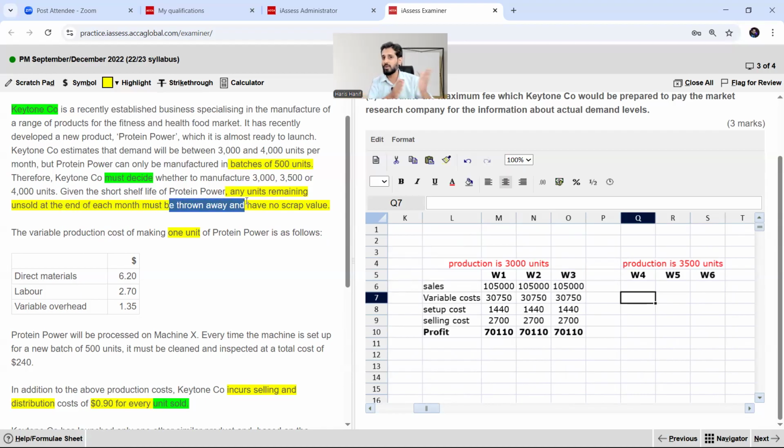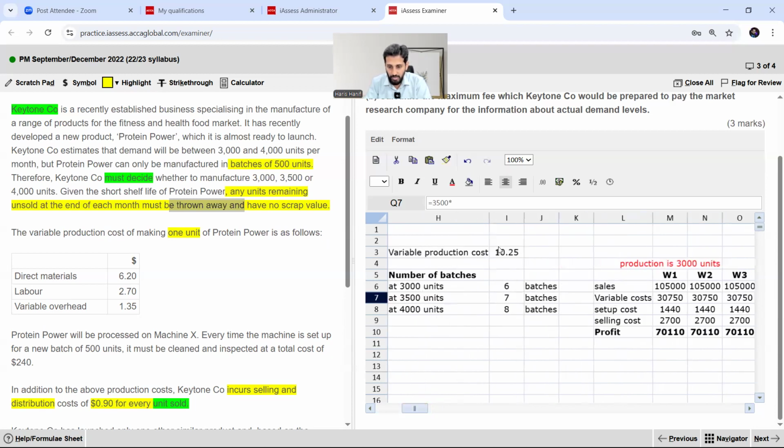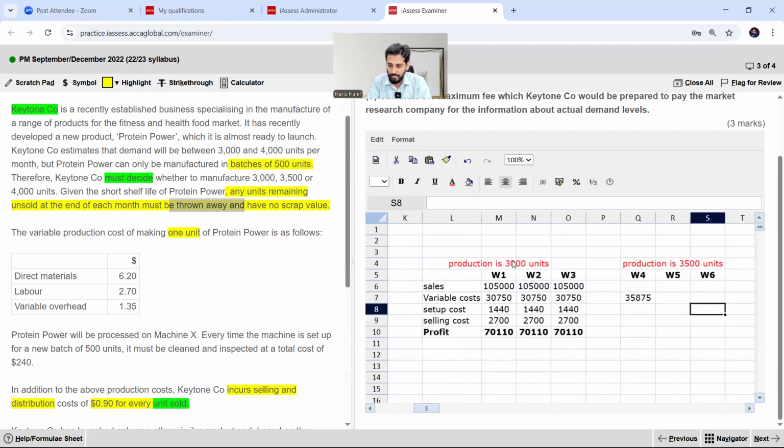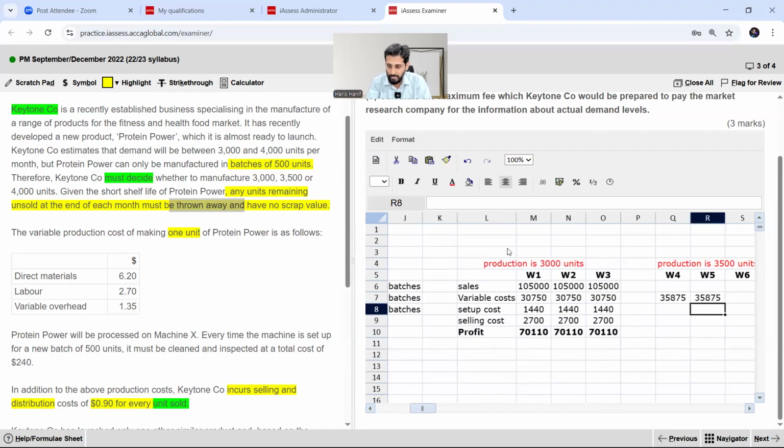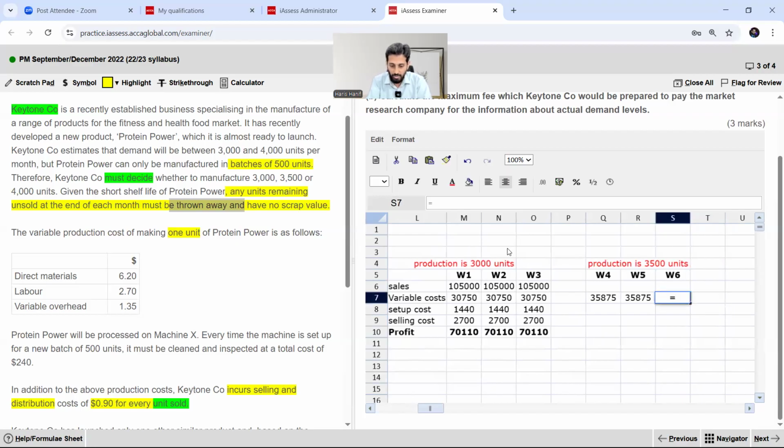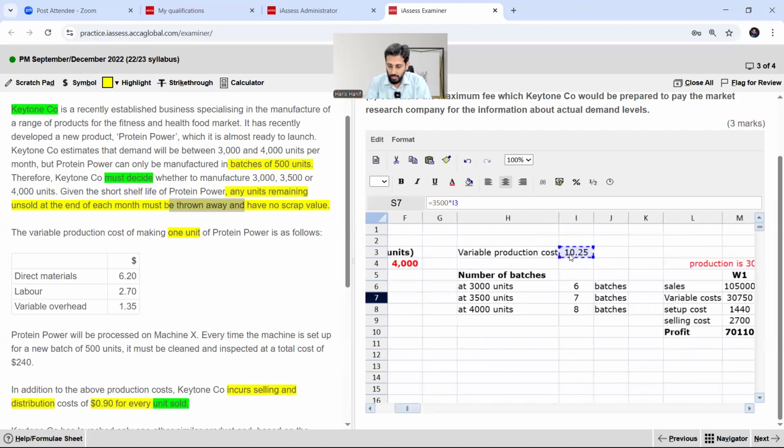That means units produced but not sold, so production is necessary. So is equal to 3500 multiply by 10.5, press enter. The answer is equal to 3500 multiply by 10.25, sorry, 10.25. And here 3500 multiply by 10.25, right?